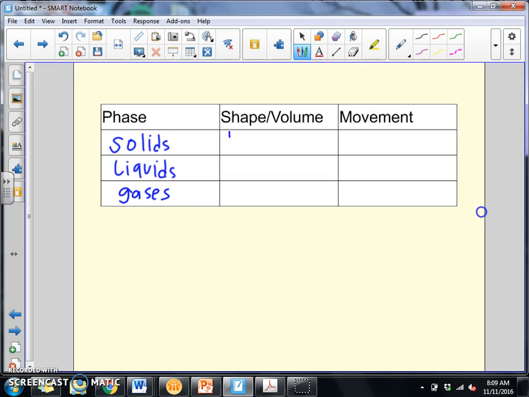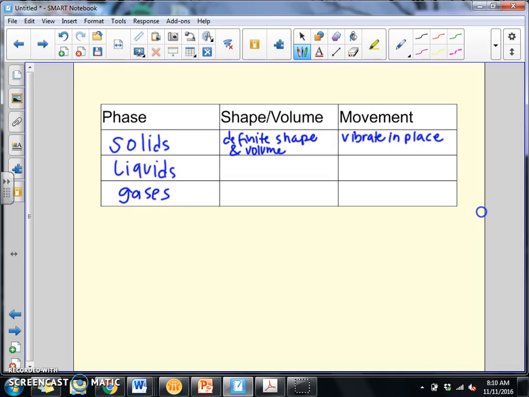Solids have a definite shape and volume. This means that when an ice cube is an ice cube, it has a particular shape, generally in the shape of a cube, and its volume does not sporadically change. And the atoms vibrate in place.